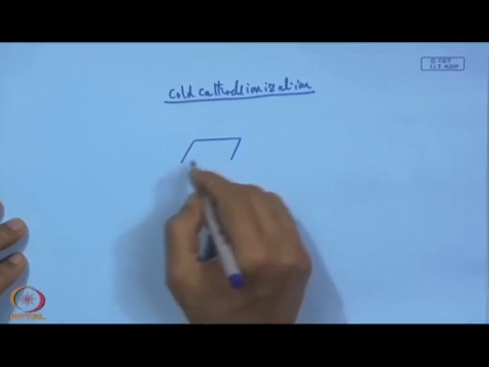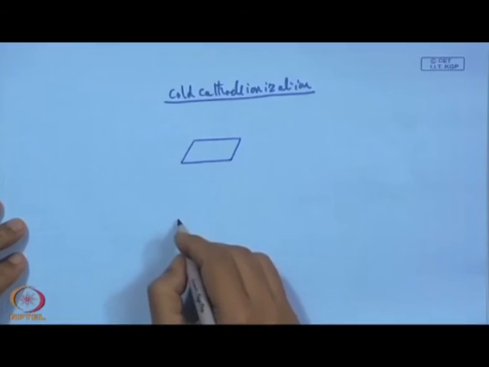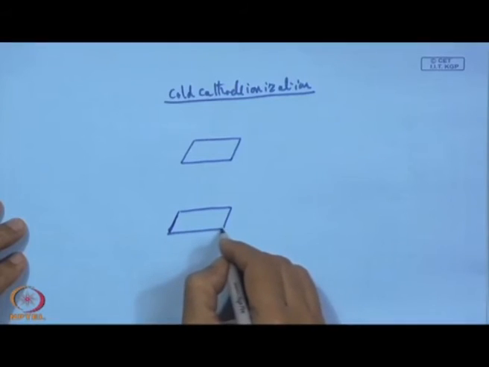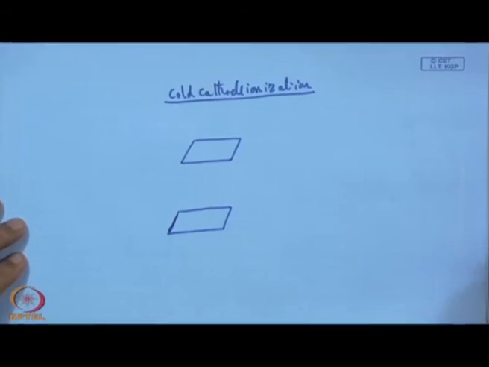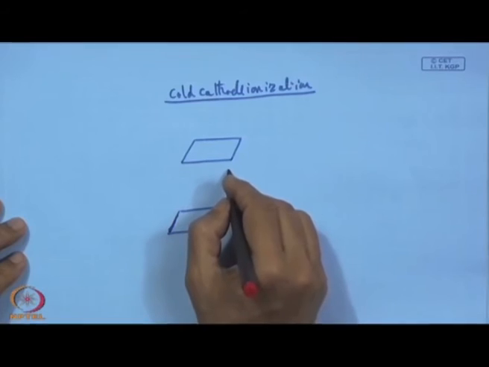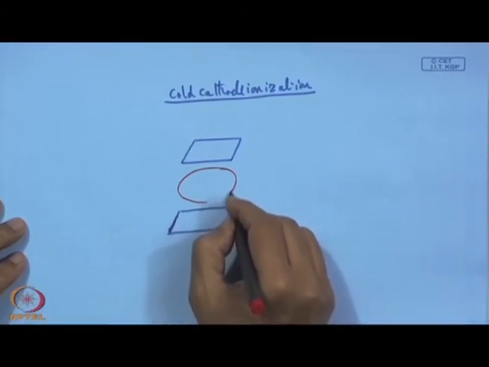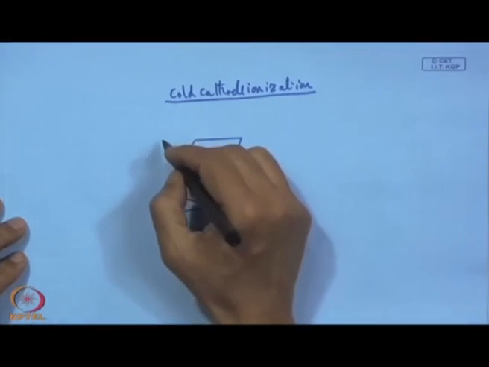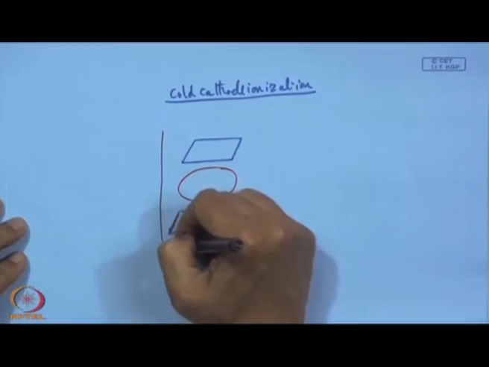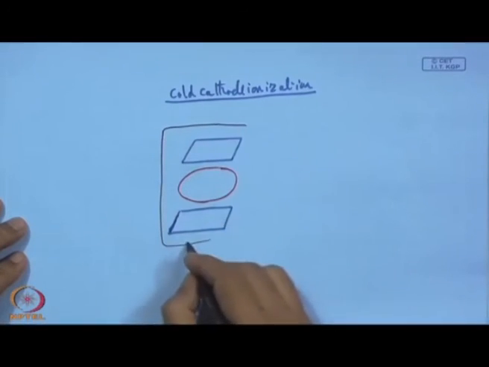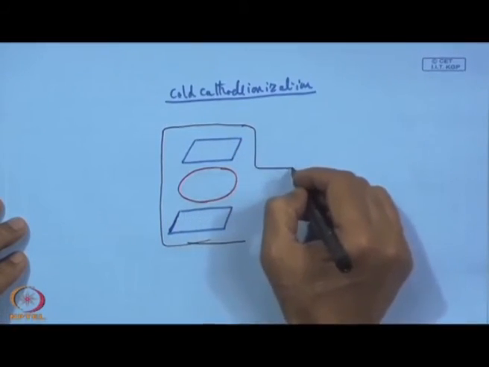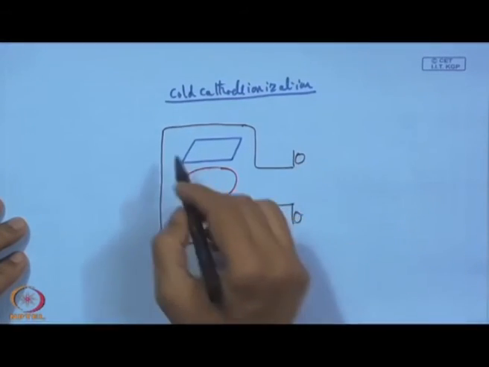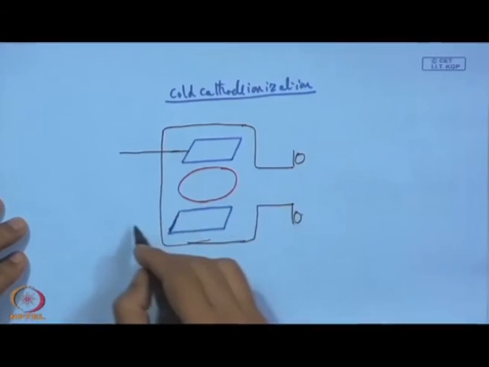These are the two plates, these are the twin cathode, and a centrally located ring, and further to this, this is the opening of this gauge. So, we have a connection like this.